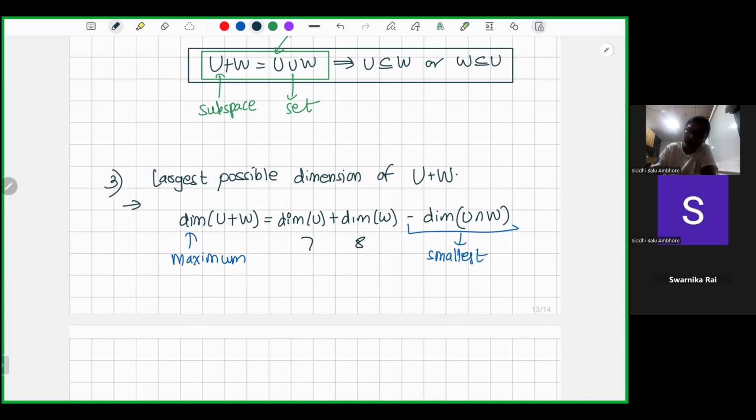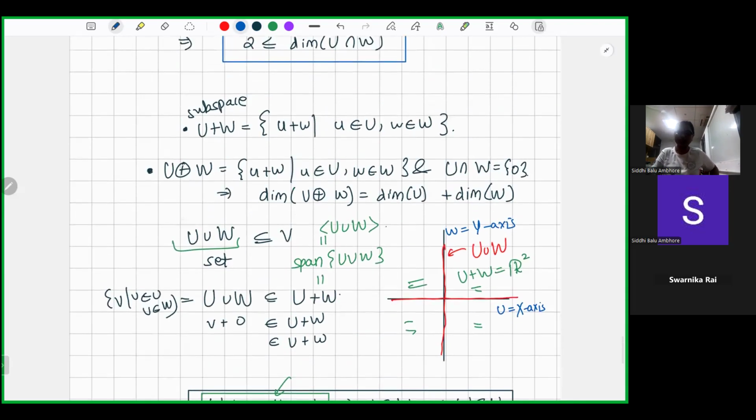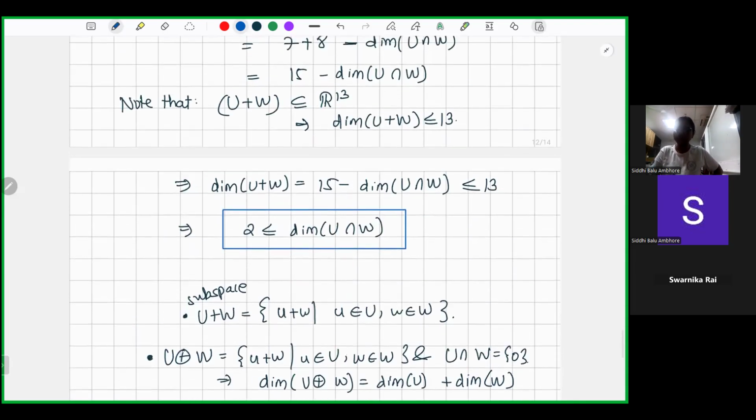So these numbers are fixed. If I want to make this maximum, then this must be smallest. And the smallest of U intersection W we just calculated, it is 2.